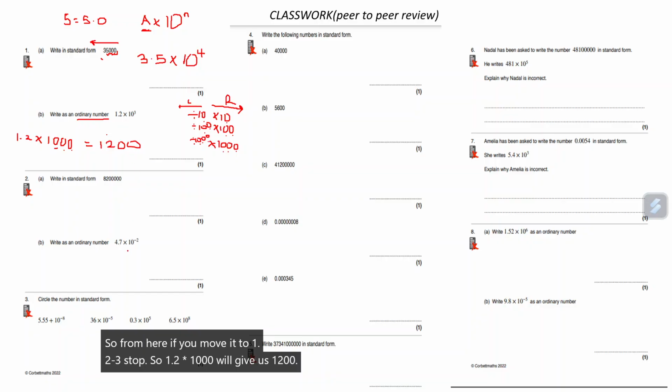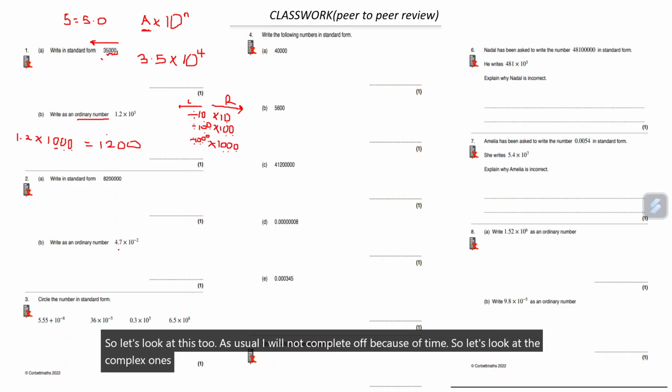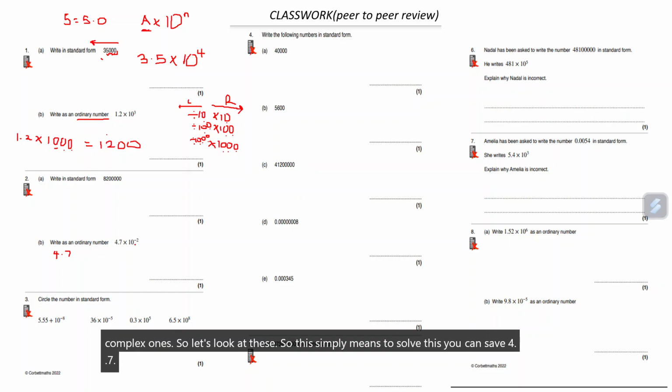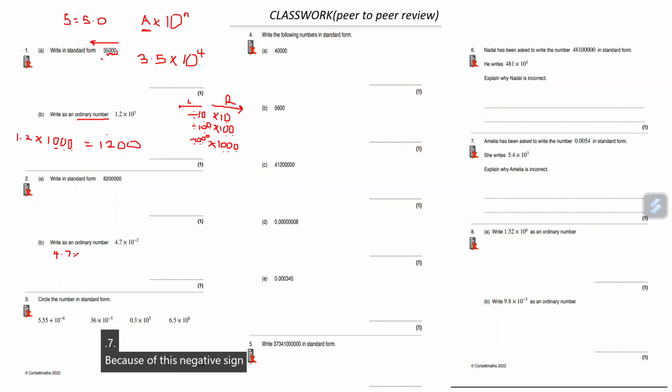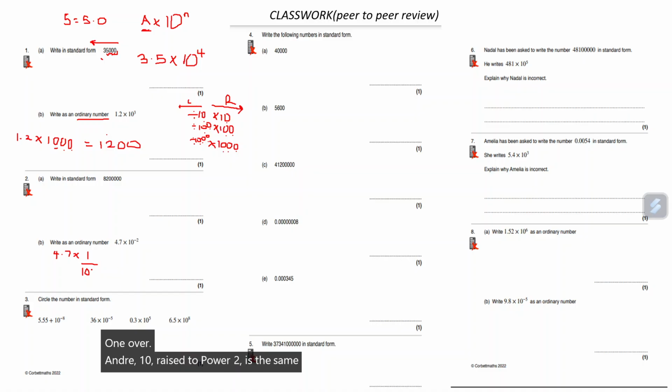So let's look at this too. As usual, I will not complete all because of time, so let's look at the complex ones. To solve this, you can say 4.7. Because of this negative sign, you can break it down. 10 raised to the power of negative 2 is the same thing as 1 over 100.